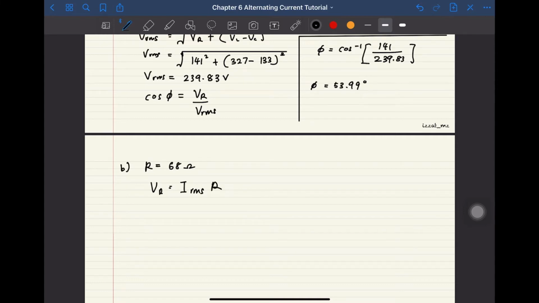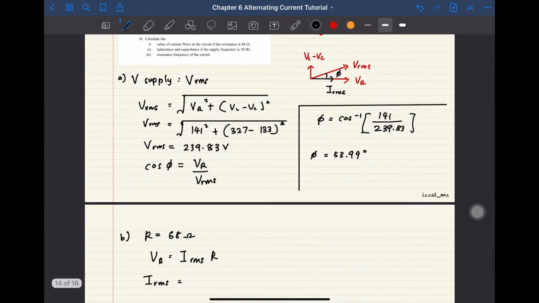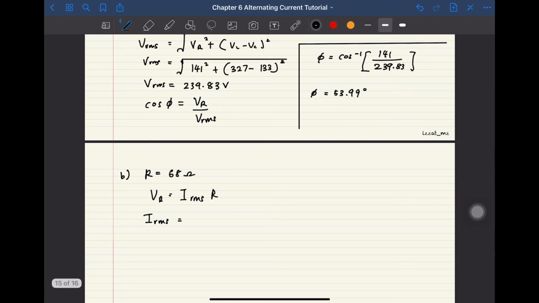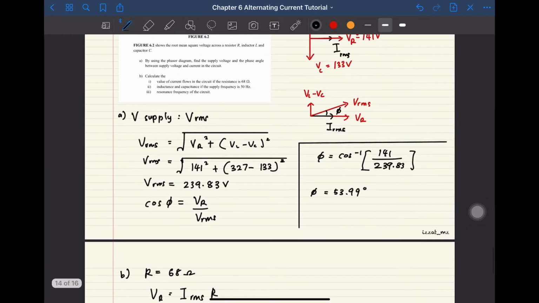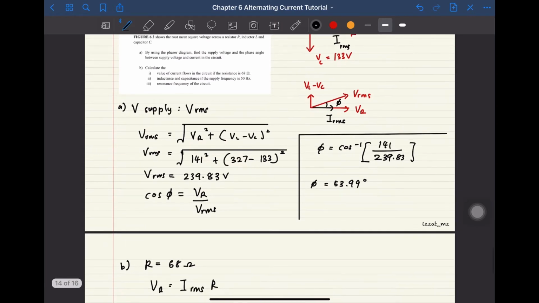So IRMS is equal to VR, 141, divided by 68. I got here 2.07 ampere. That one is for B1.